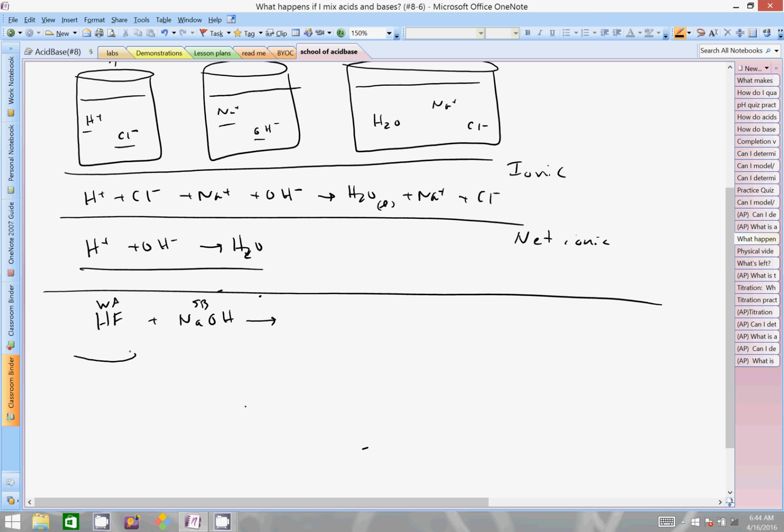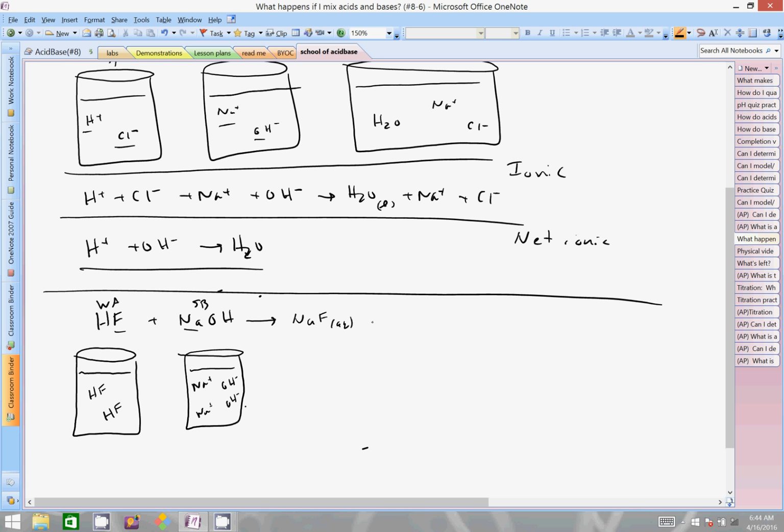As I draw this picture out here, I have HF. Now again, HF doesn't go to products much, so we would generally write it out as HF, HF, like that. Draw two of them. The NaOH would be listed as Na plus OH negative, Na plus OH negative. They're split apart. So let's just draw our products. The cation and the anion make NaF, which happens to be quite soluble in water, and HOH, which is your water.